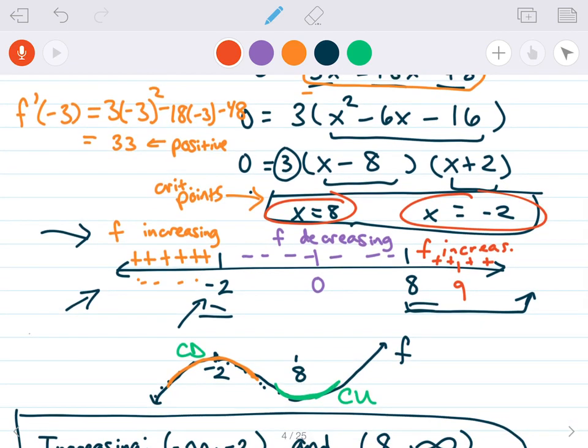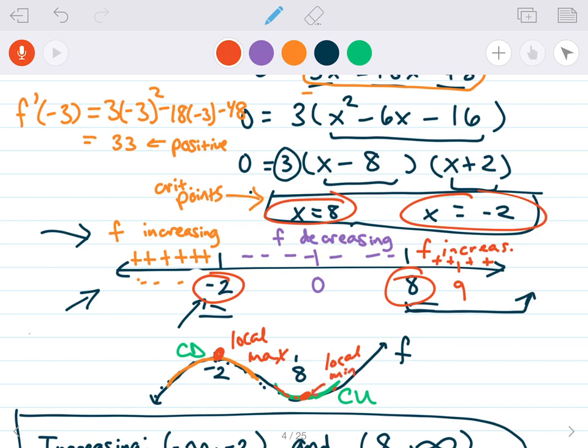Well, since at this point p, negative 2, we're going from positive to negative, we have a local max here. And in the opposite case, at 8, we have a local min here because we're going from negative to positive. So this is our local min.